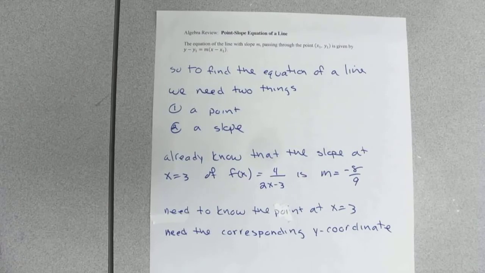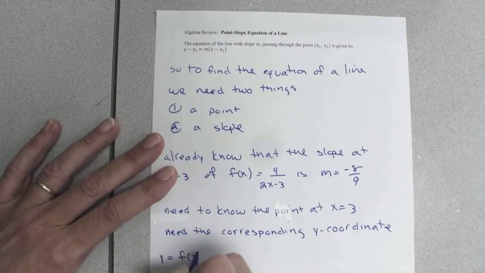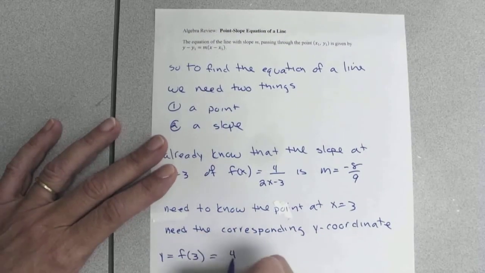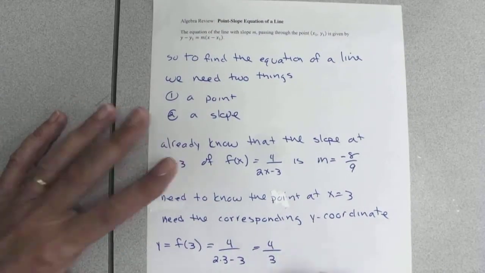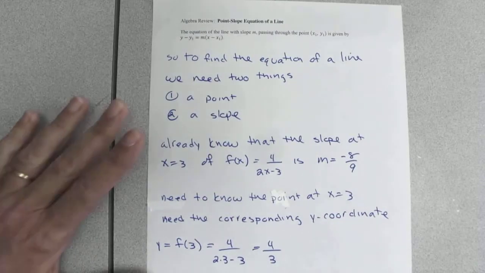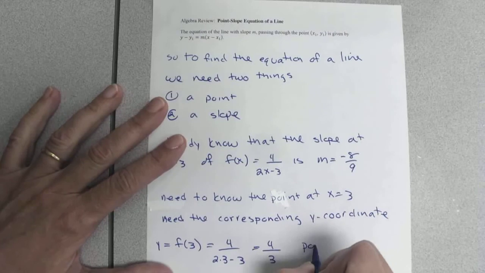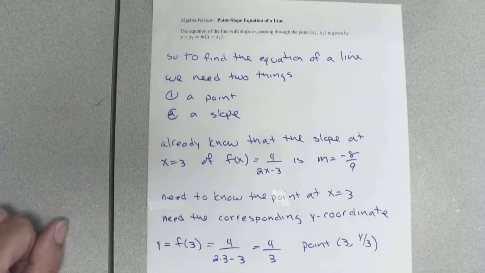Y coordinates always come from plugging into the original function. And so y is going to be f of 3, which is 4 over 2 times 3 minus 3, which would give us 4/3, if I did that correctly. Yep, that looks good. And so my point is (3, 4/3).